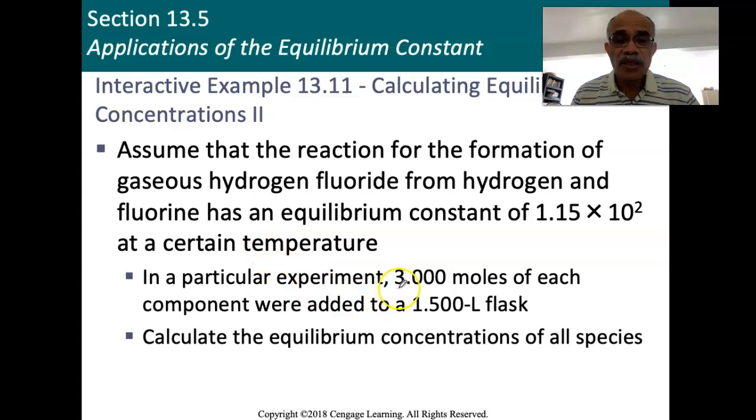Then you have the quantities: 3 moles of each component were added to a 1.5 liter flask. In other words, these are the starting or initial conditions. So 3 moles of each, that is the reactants and the product, were all mixed in this flask.